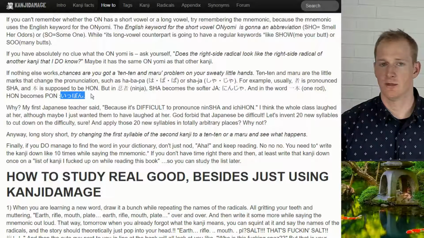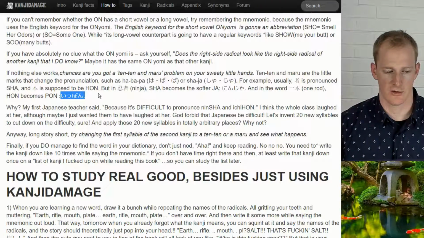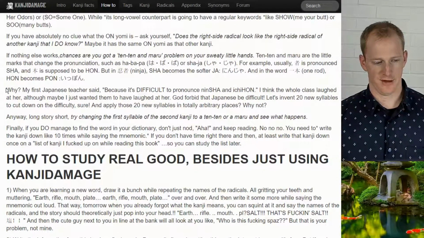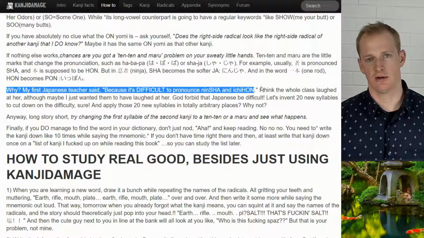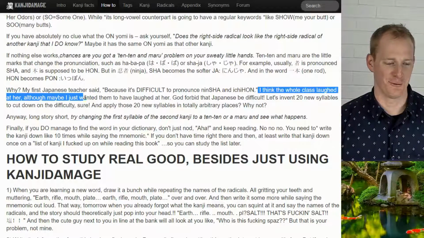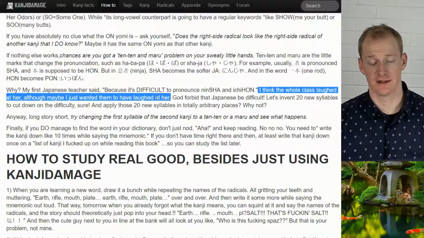So it's going to change. This is not so much a big deal. I think once you've been exposed to kanji for a while, this becomes kind of second nature for you to try this. Now this is an interesting point. It's kind of hard to say ninsha or ichihon apparently for Japanese people, and I always thought this is kind of a weak reason. Sometimes it definitely does make sense.